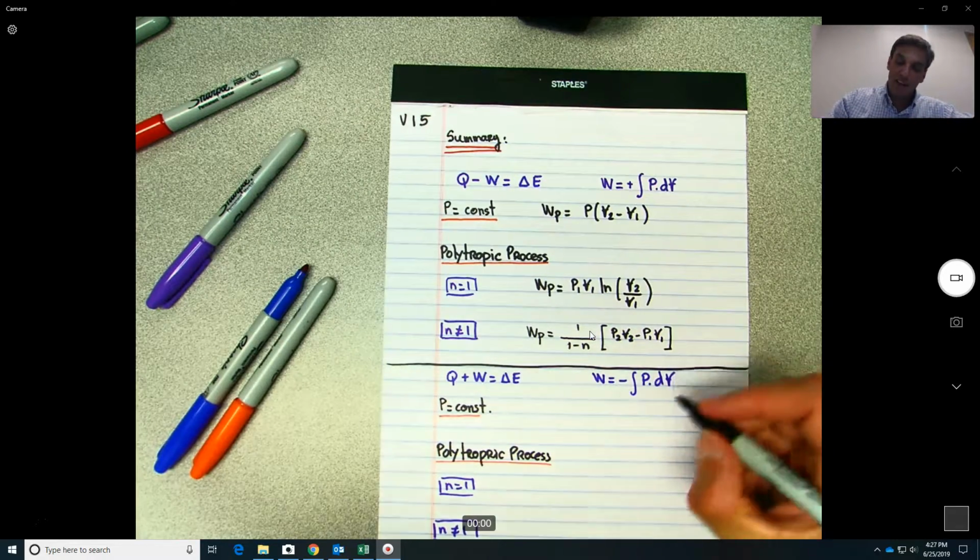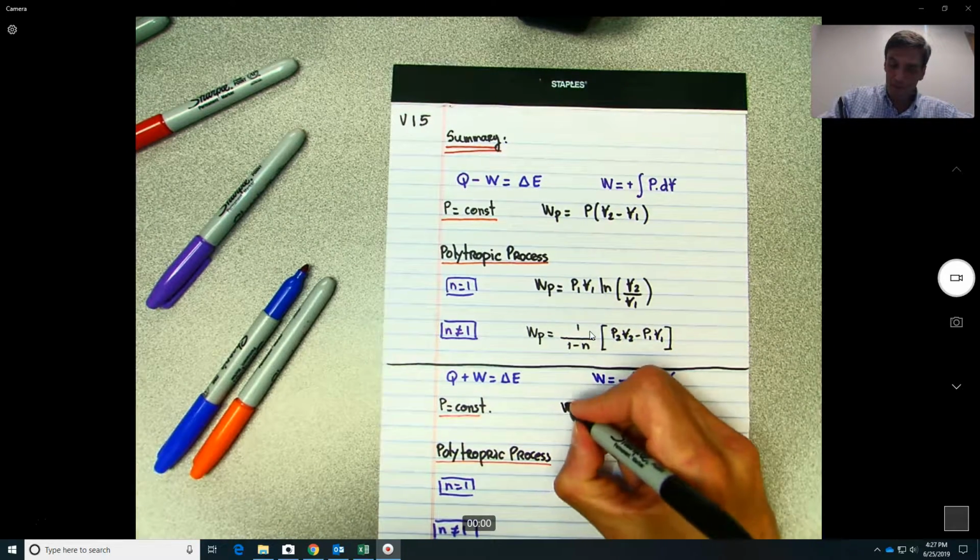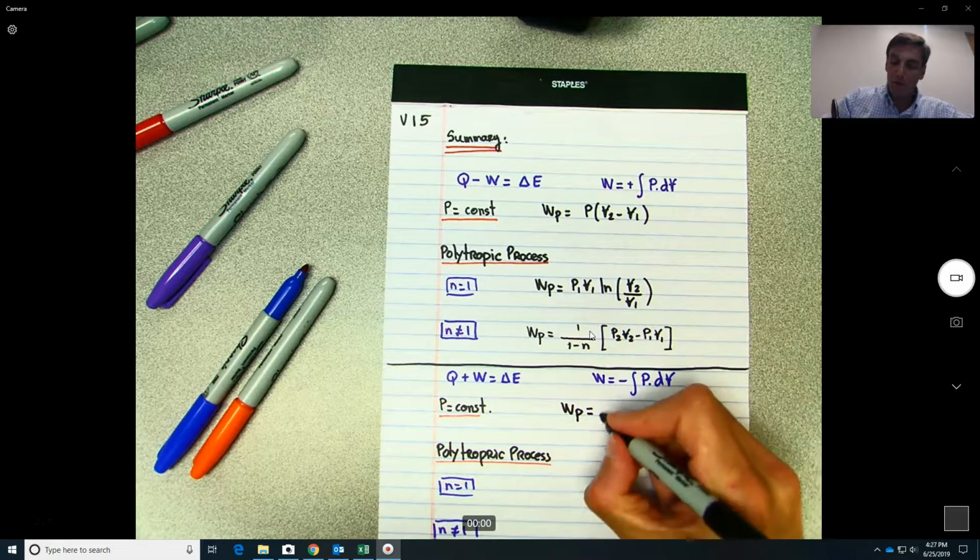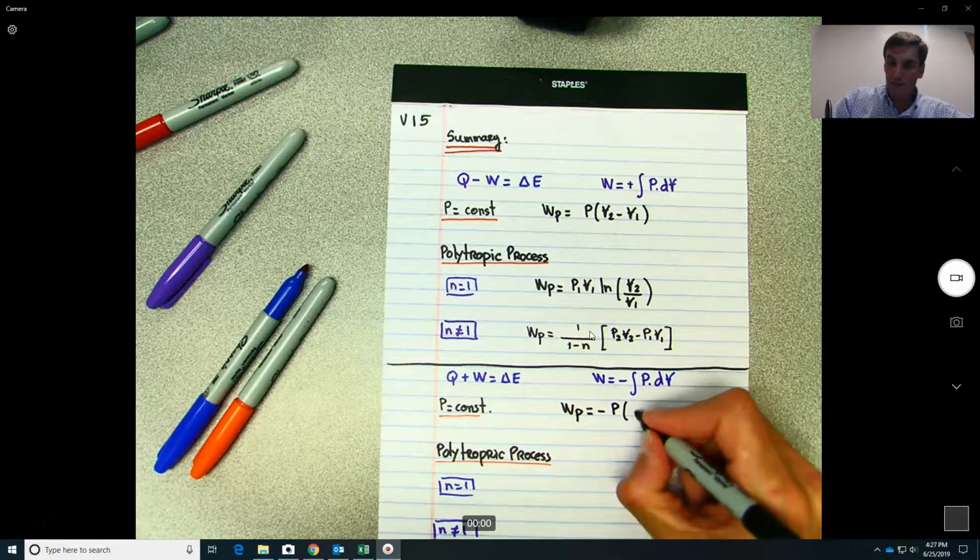So basically we have exactly the same expressions, but with in front a negative sign.